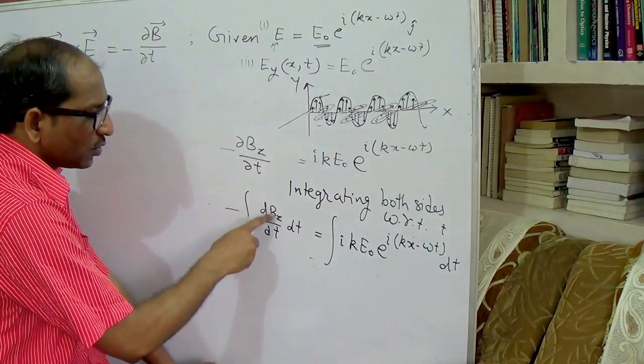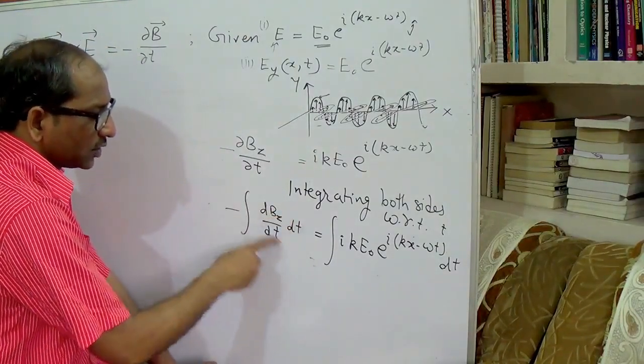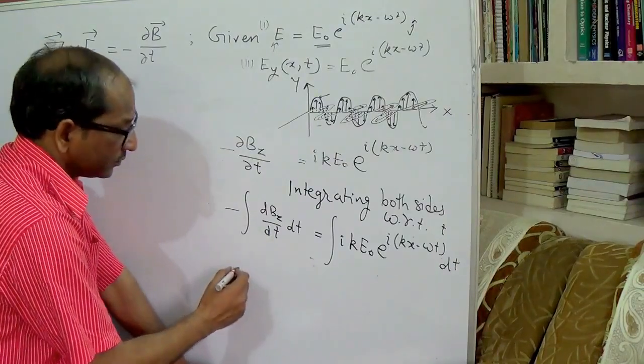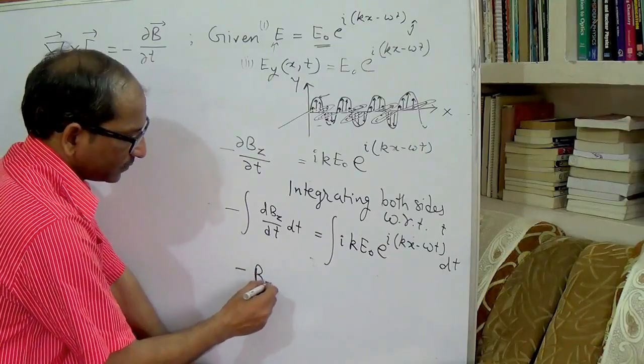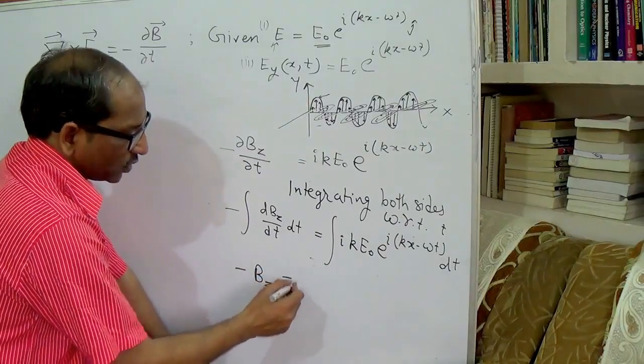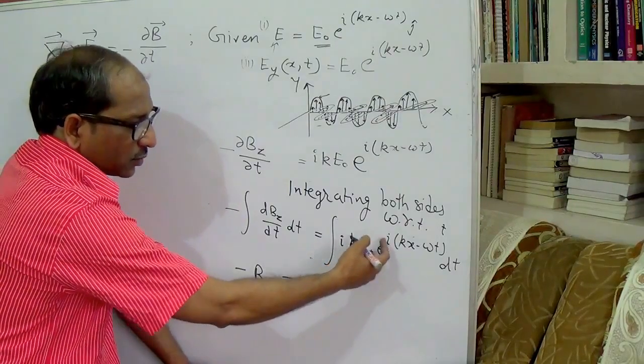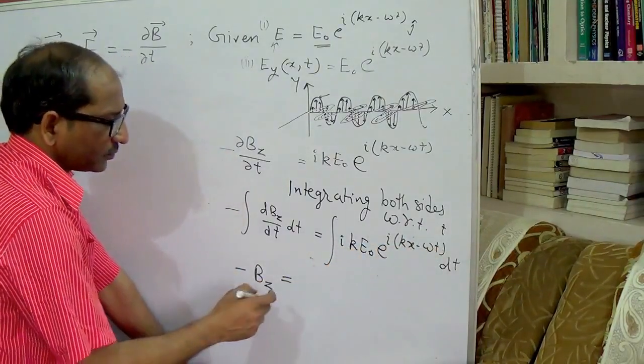The differentiation of Bz cancels out with this integration, so in the left hand side I have only minus Bz. So Bz is equal to this integration of iota k E naught exponential part.